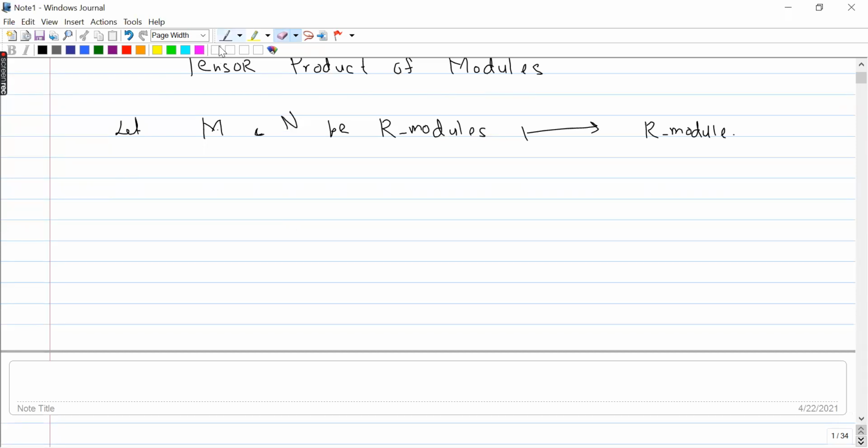We know what a linear map is, but like a linear map, we can also define a bilinear map.